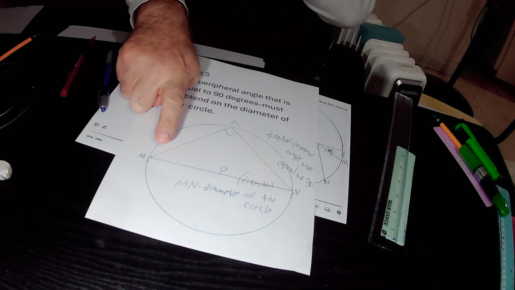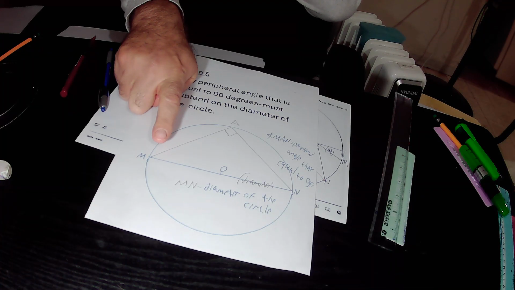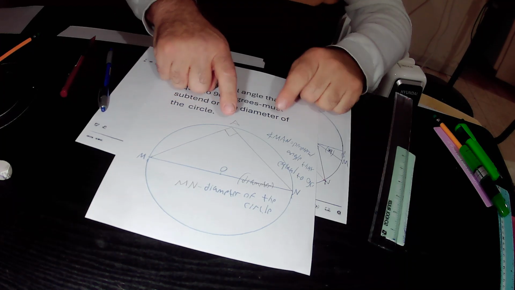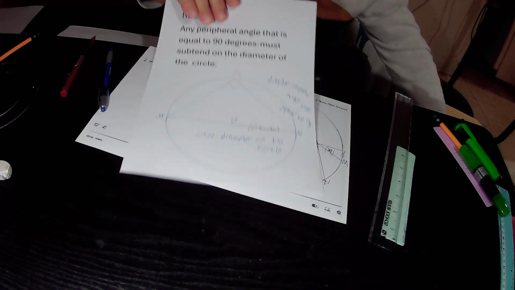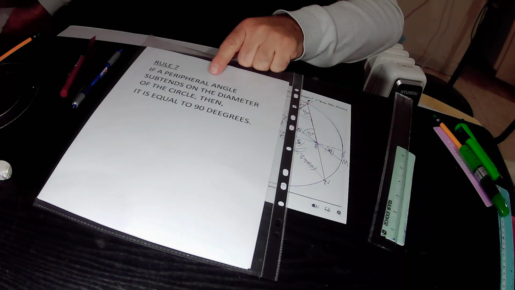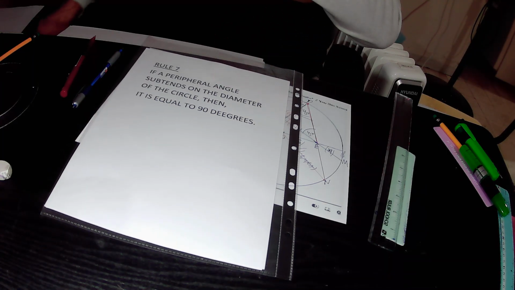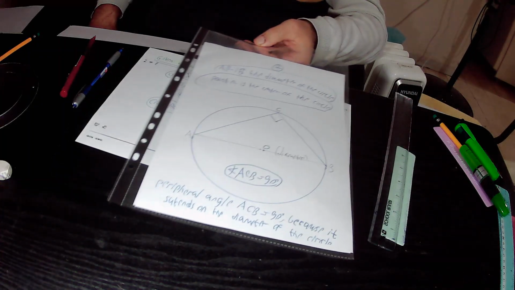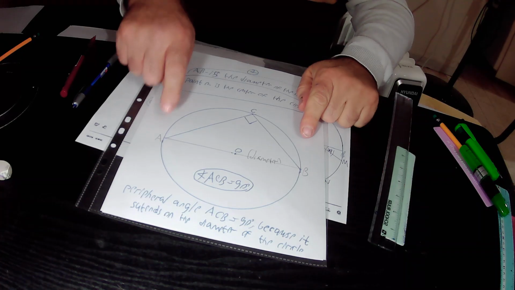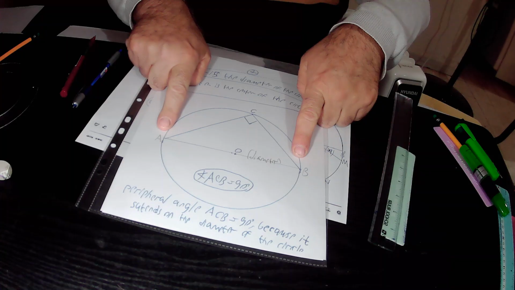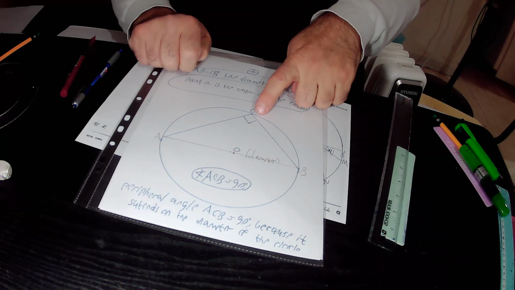The converse rule, rule 7, says that if a peripheral angle subtends on the diameter of the circle, then it is equal to 90 degrees in size. In the drawing, we have peripheral angle ACB that subtends on chord AB, which is the diameter of the circle, and therefore peripheral angle ACB must be equal to 90 degrees in size.